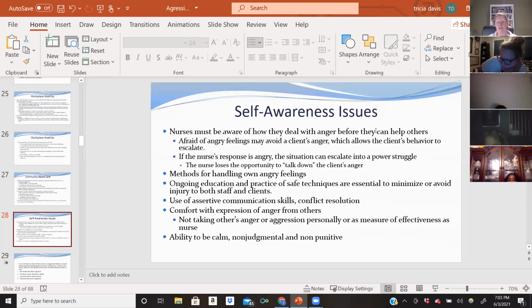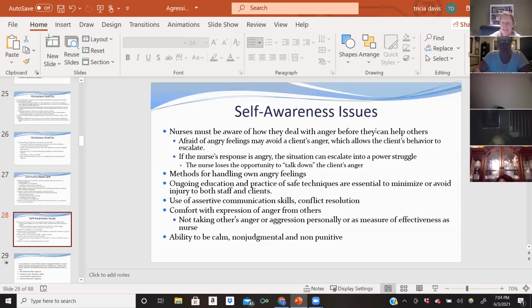You need to practice your use of assertive communication skills, and you need to learn how to resolve conflict that comes up. You need to be comfortable with the expression of anger from others. So you have to realize that the anger isn't really directed towards you. It's directed towards someone else, but because you're so close to them, they're taking it out on you.